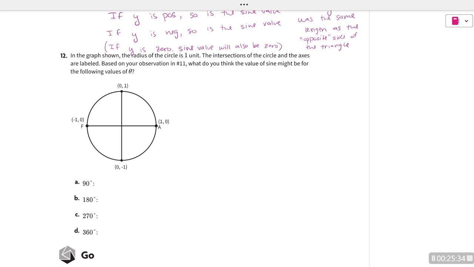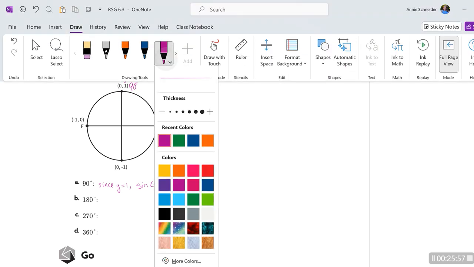So we actually kind of got at this a little bit, but here's our 90 degrees up here. So we have x over y. Since y equals 1, sine of 90 will also equal 1.